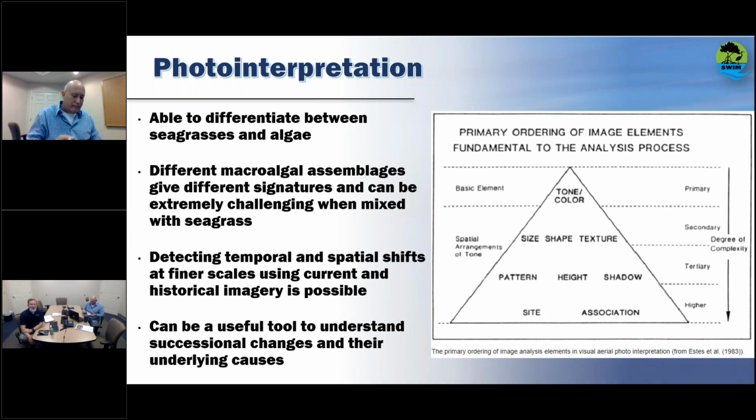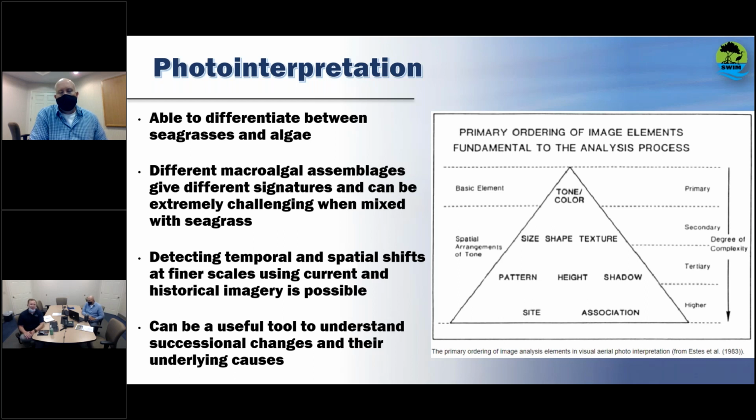Yeah, so for the photo interpretation of the seagrass, we're relying on our 7 elements of primary image classification, where we're looking at tone and color of seagrass and algae, the size, shape, and texture, and sometimes relate to their growth patterns, rhizomatic growth for concentric circles versus maybe an irregular pattern for algae, as well as maybe some shadow.